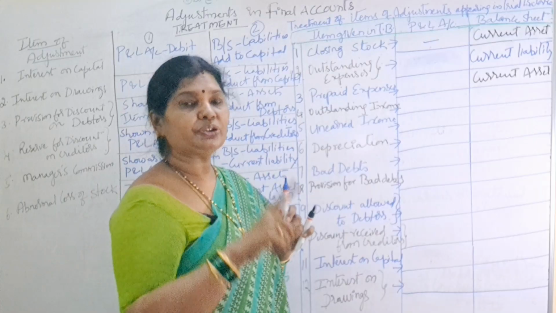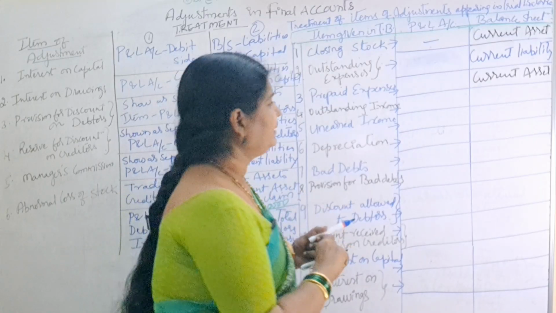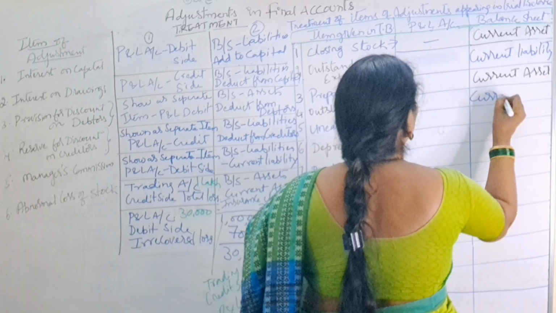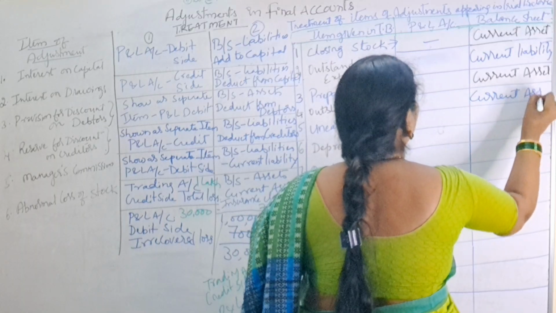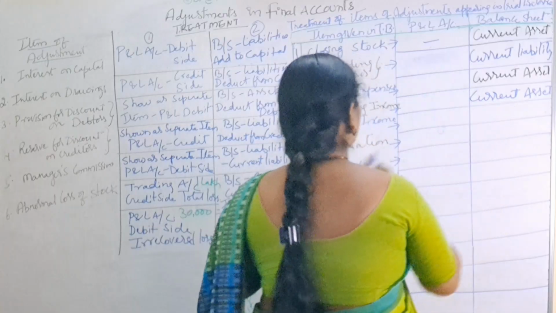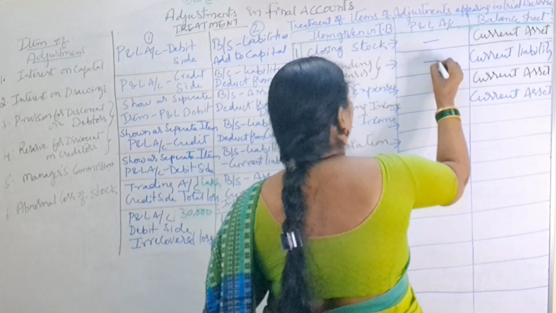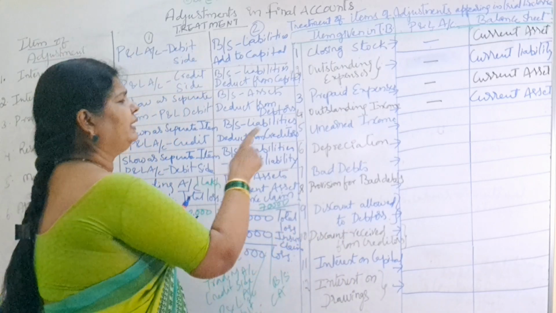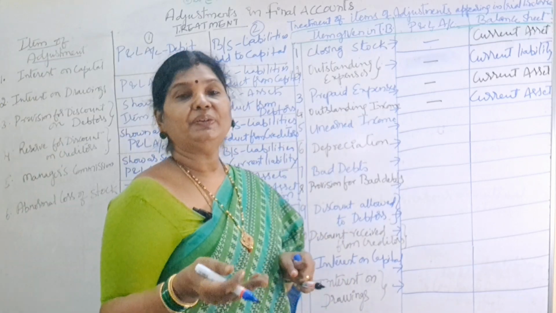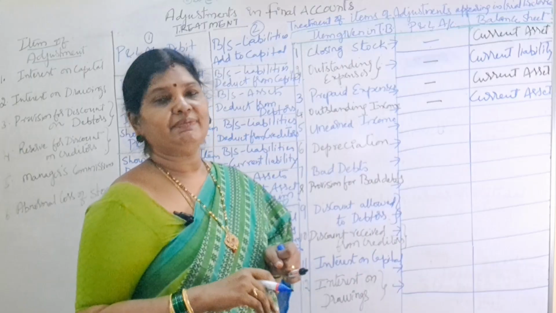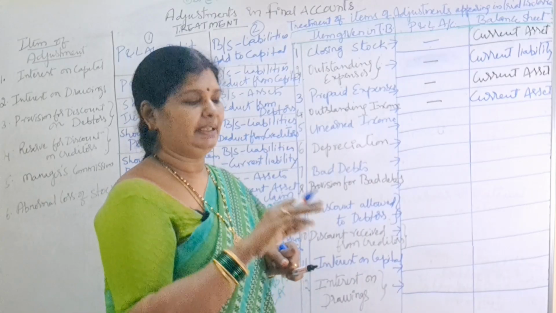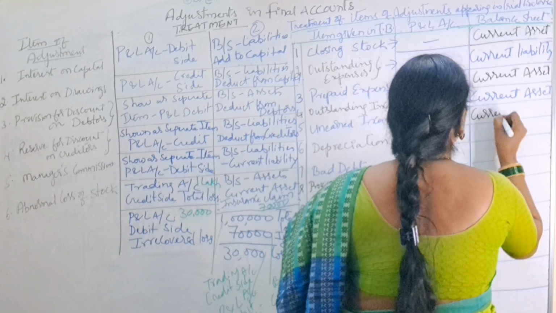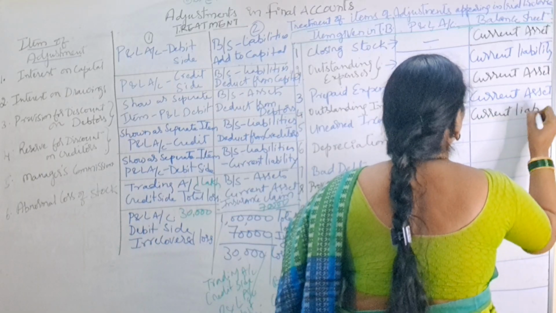Outstanding income we have to show as current asset, right? So go to balance sheet and write asset side as current asset. Remember, we are not getting anything in the profit and loss account. Next, unearned income. So where we have to show? Under current liabilities. Where you will get current liabilities? Under liabilities. So here we have to show under current liability.